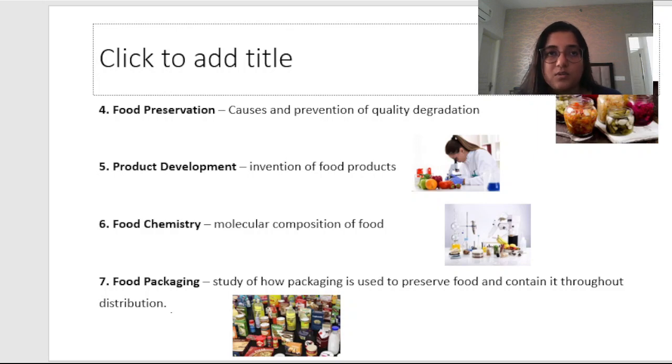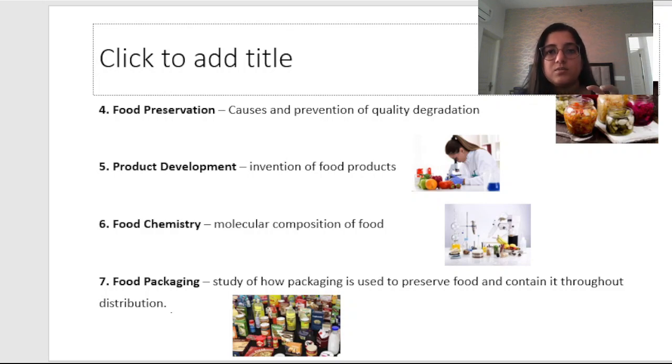Either there are natural toxins like in raw potatoes, when you see that green colored portions in that raw potato, that means that portion is not supposed to be consumed actually, because that is full of toxins. So this is all a part of food chemistry.